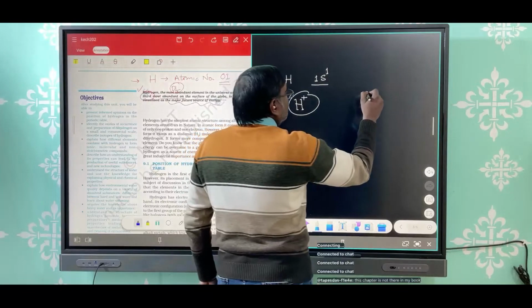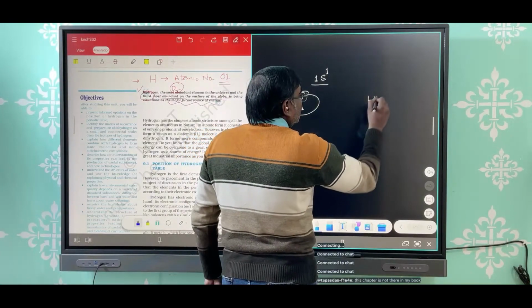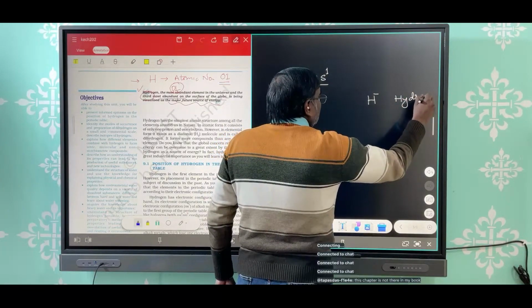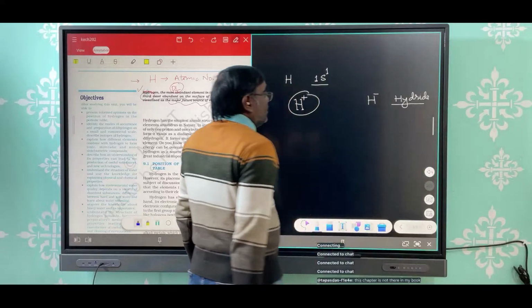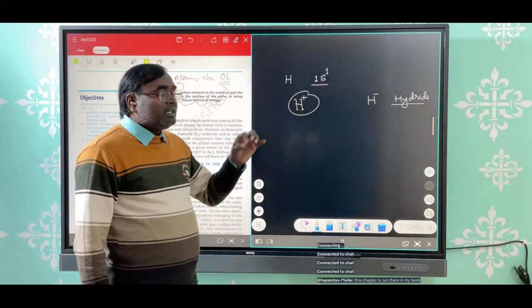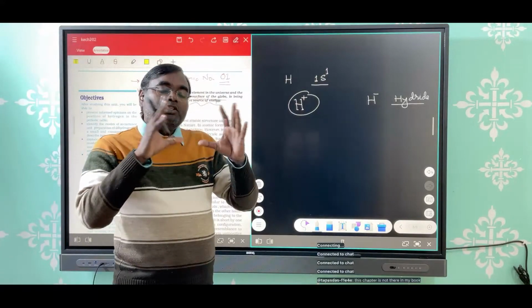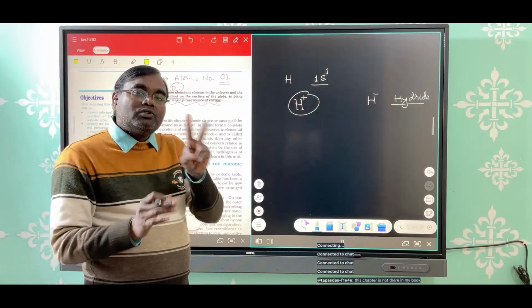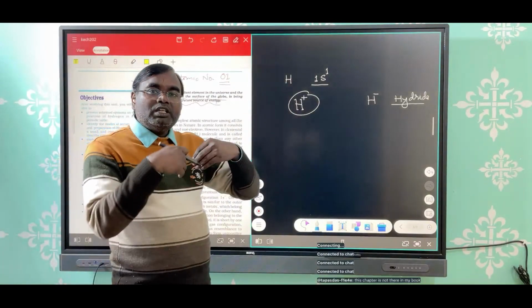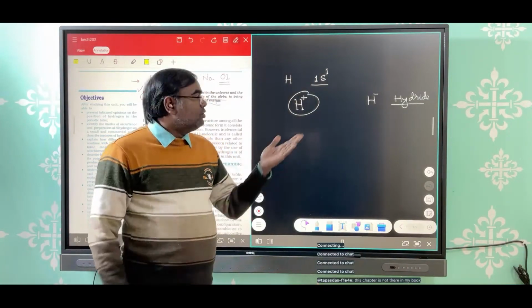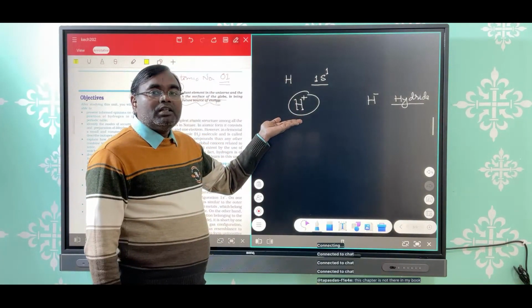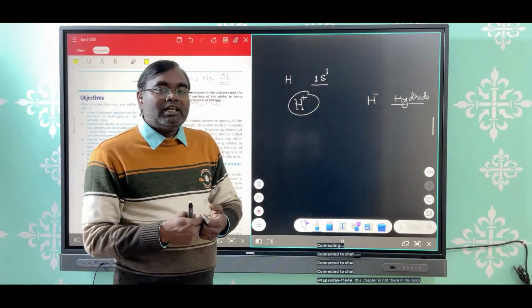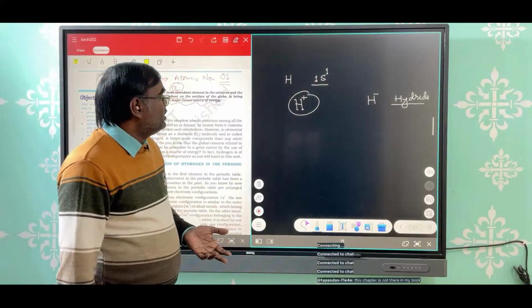And if it accepts one electron, it becomes the hydride. So to complete the shell, it has two ways: first, to release its own electron to become the proton, and another is to accept one electron to become the hydride ion.